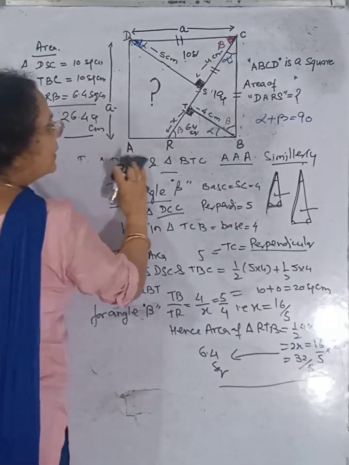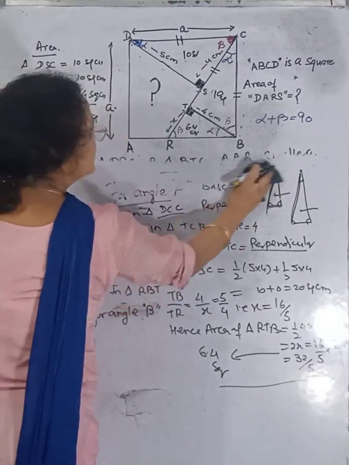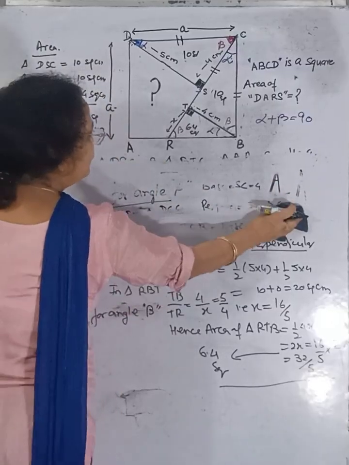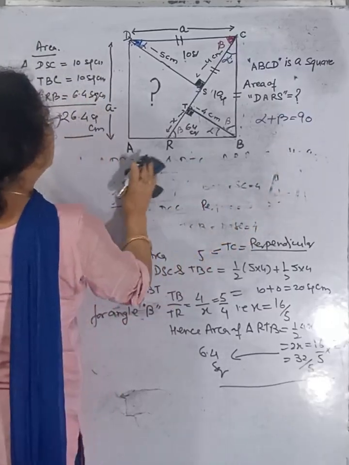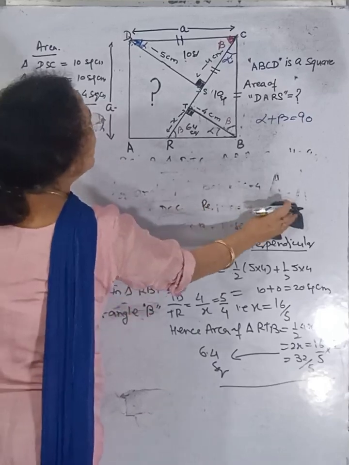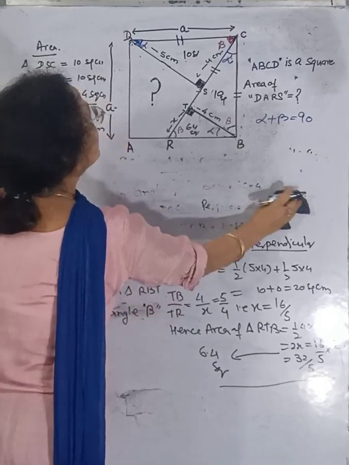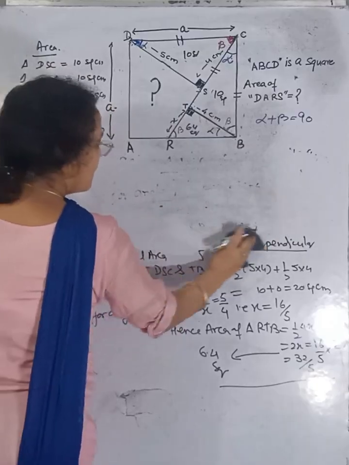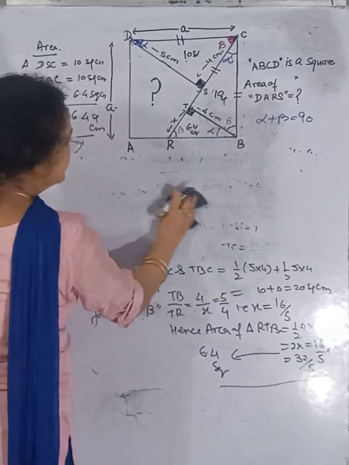Now we are going to find the value of A from either of the triangles. Either we can take triangle DSC or the other triangle, TBC.